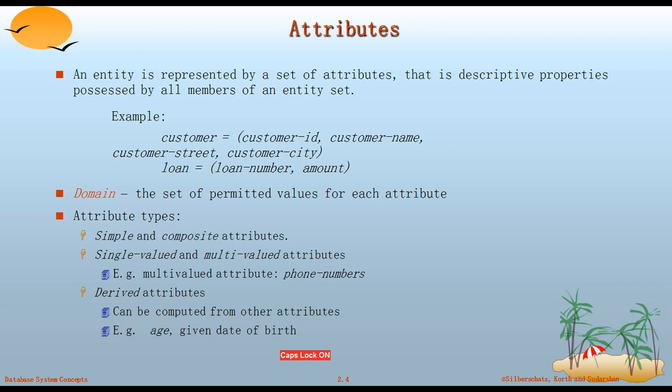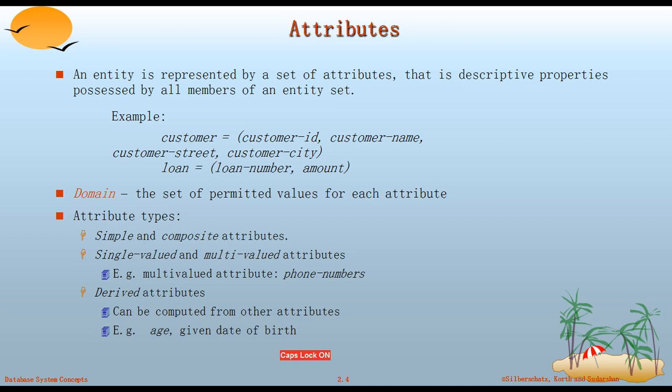A single-valued attribute contains only one value, and a multi-valued attribute has more than one value. For example, phone number is a multi-valued attribute, since a person may have more than one phone number. And a derived attribute can be computed from other attributes.